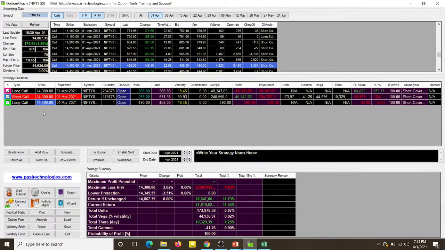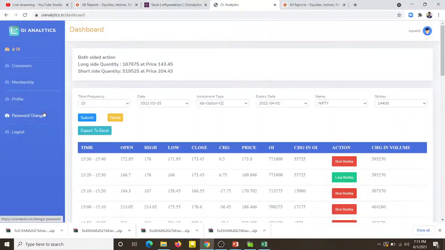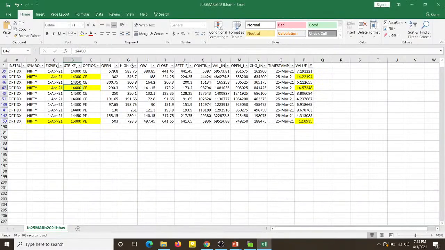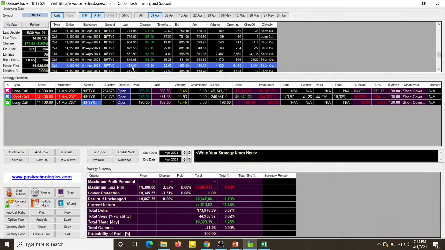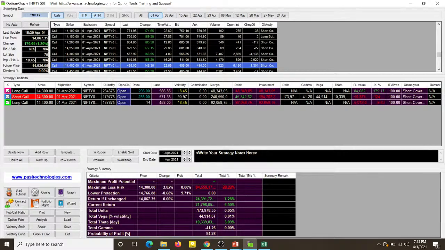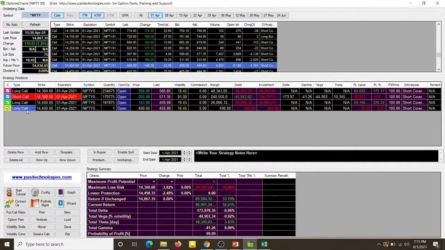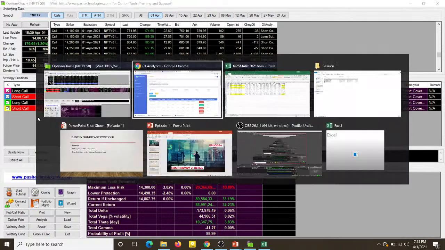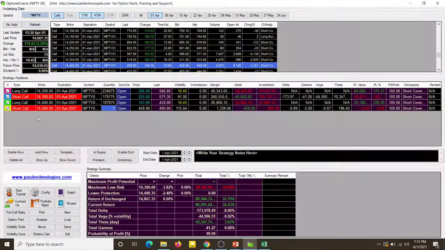And then we have 14,400 call, which is about 187,875 at a price of 143. Fine. So I'm going to add one more instance of that with short, quantity 1,519,525, right, and price 204. Fine. So these are the positions of call side.